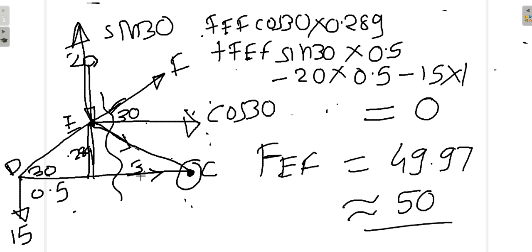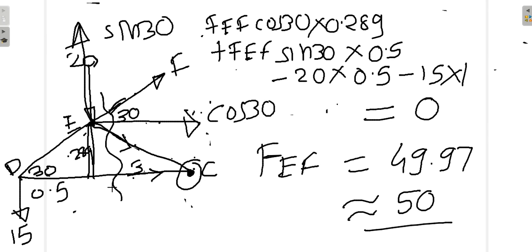So see what we have done. We have taken a section. The forces to the left are 20, 15, plus the three forces which are going to be cut, this one and this one. Since we are taking moments about C, EC and DC will have 0 moments. The only force which will have moment is EF. I have resolved it in two components, one is cos, the other is sin. The cos component has a moment arm of 0.289.